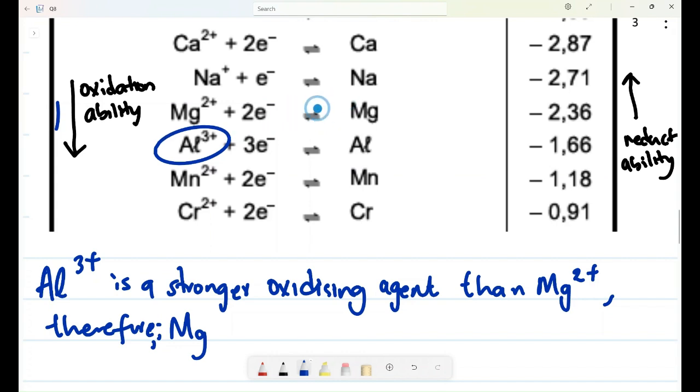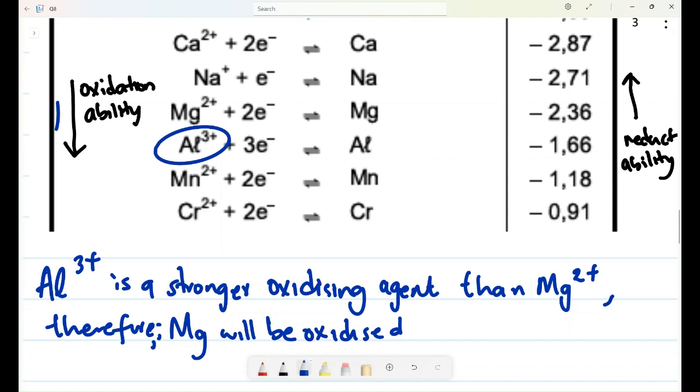Okay, so this one has a stronger reducing ability, so it will cause this one to undergo reduction. Reducing ability goes up as we go up. Then now what will happen? I'm saying therefore Mg will be oxidized.